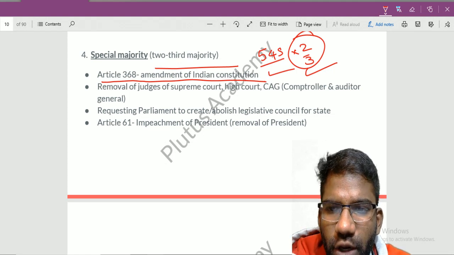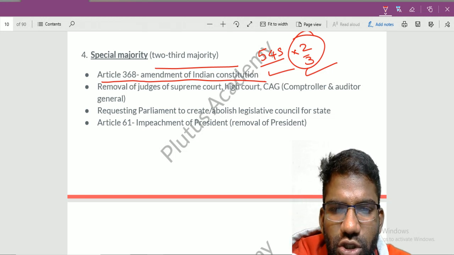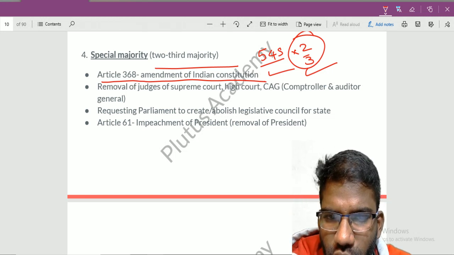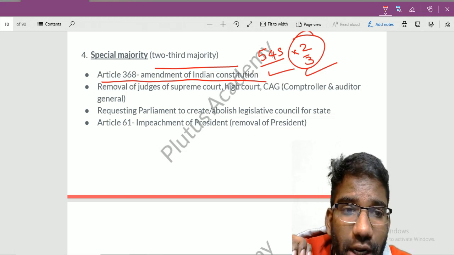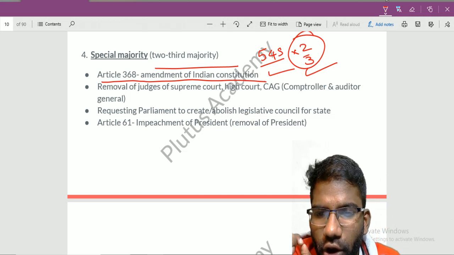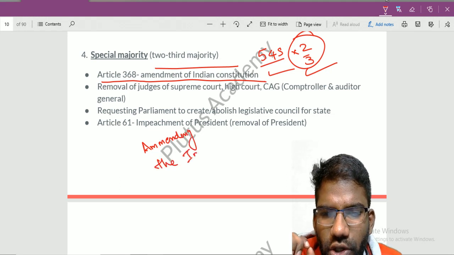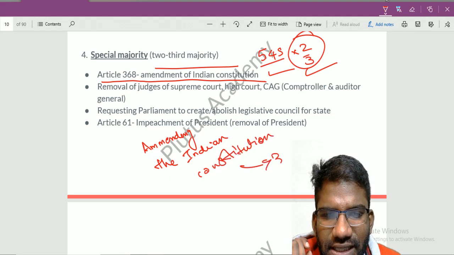Now, to remove the judges of the Supreme Court and High Court, the resolution is to be passed by a special majority. To remove the Comptroller and Auditor General of India, special majority is used. So for amending the Indian Constitution, we use special majority, that is Article 368.